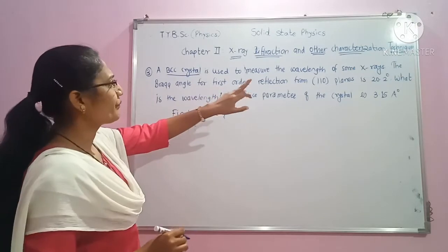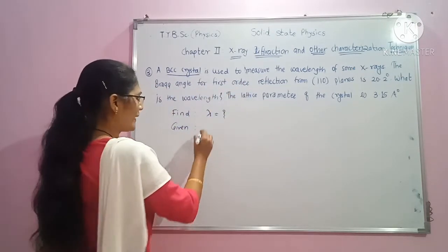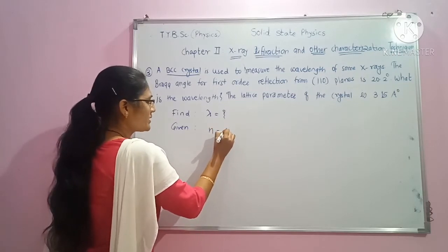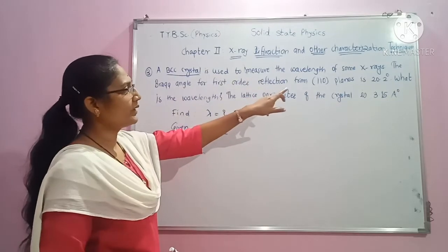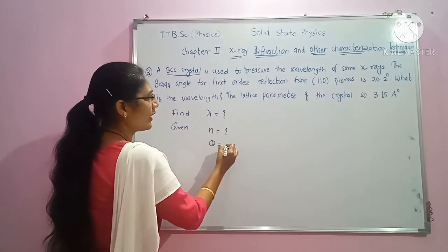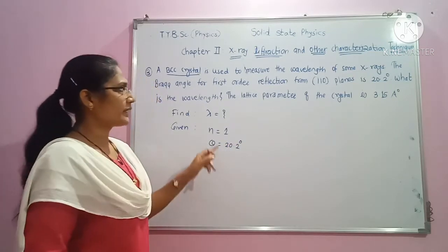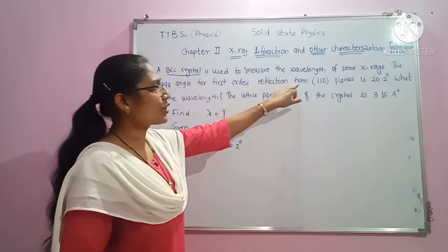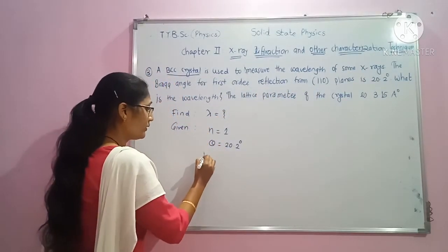Given is that the Bragg's angle is for first order reflection. We know that first order reflection means n is equal to 1, and Bragg's angle is given, which means the angle of diffraction theta is equal to 20.2 degrees. Then reflection from 110 planes means the HKL plane is also given.